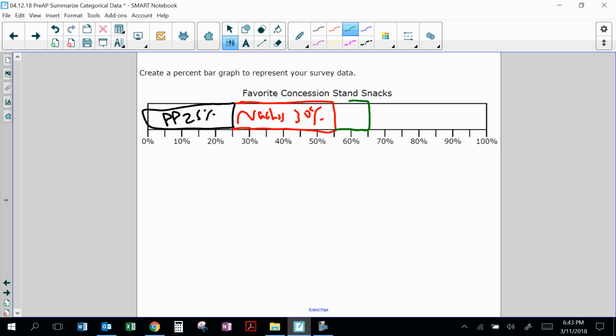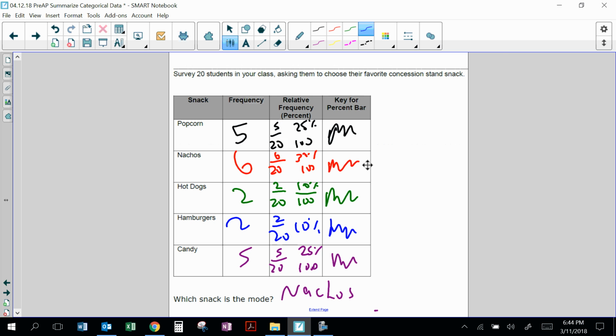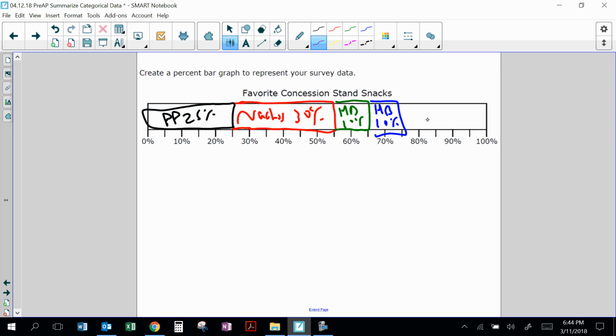So 10% more, 5, 10 chose hot dog. And hamburger was 10%. And the last 25%, 5, 10, 15, 20, 25, yep, was candy. And that is the percent bar.